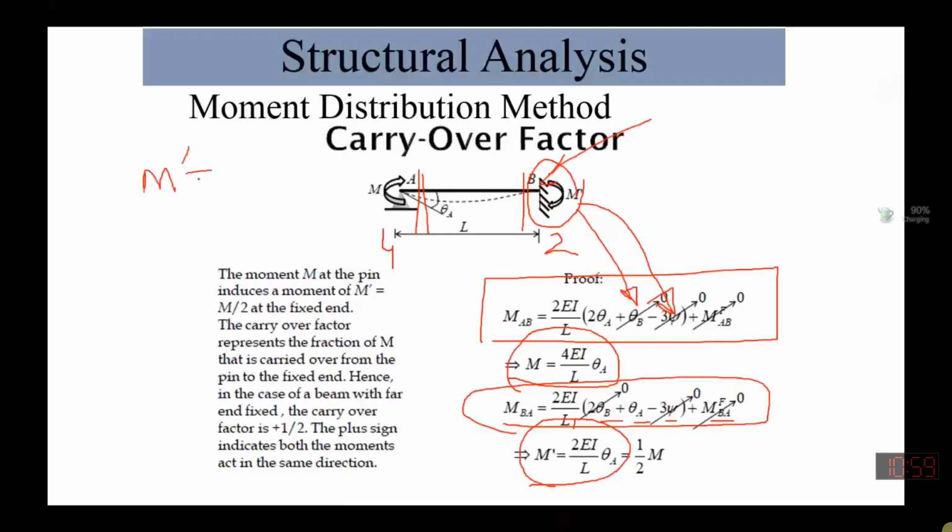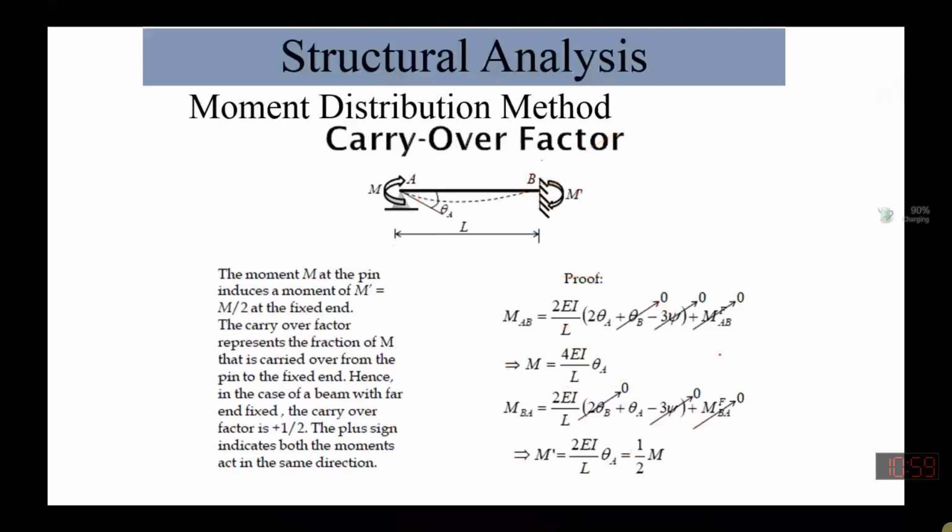It means from one end of the beam to the fixed far end, whatever is the moment over here, its half can be carried to the far end. Let's say over here we have 10 kilonewton meter.